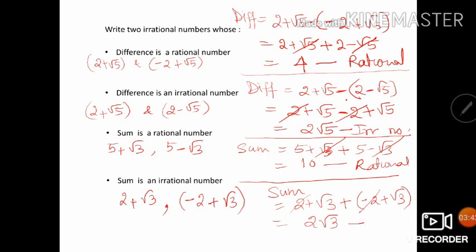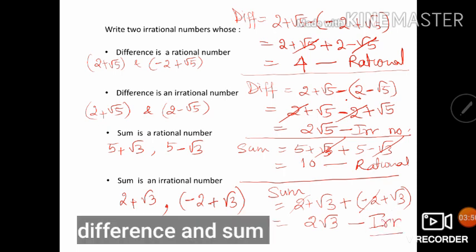This is a product of a rational and an irrational number, so this will be an irrational number. So we have seen that the sum of two irrational numbers can either be rational or it can be irrational.